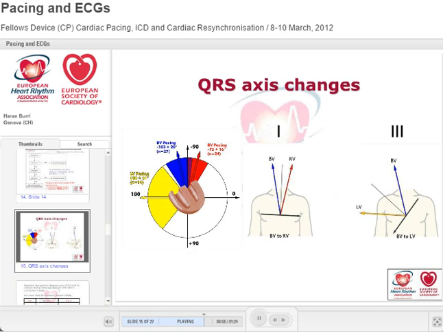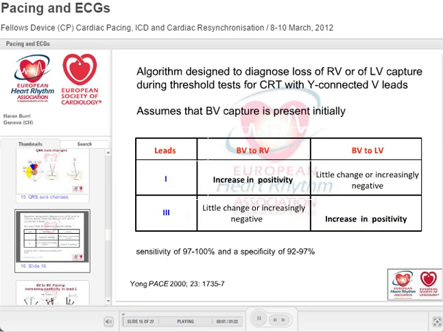Okay, that's lead 1, which is going to show you increasing positivity with this configuration. Lead 3, however, is most likely to show a change between BiV capture and LV only capture, or loss of RV capture, because this is where you'll get increasing positivity in lead 3, right? Because it's really perpendicular to this. So you have to bear that in mind.